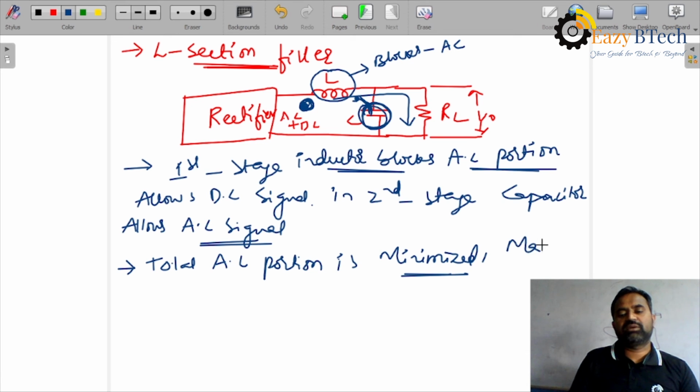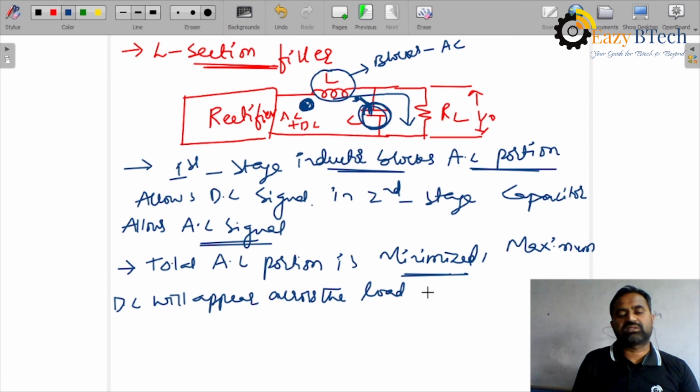Okay, maximum DC will appear across the load resistor. Okay, students, you can see this is an L section filter.